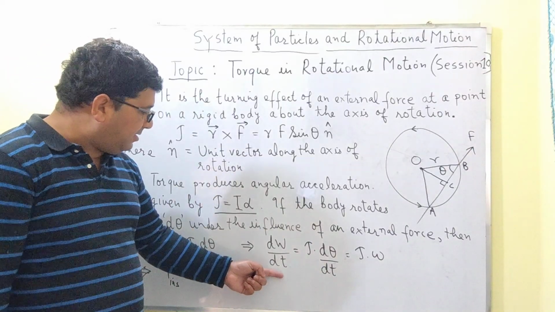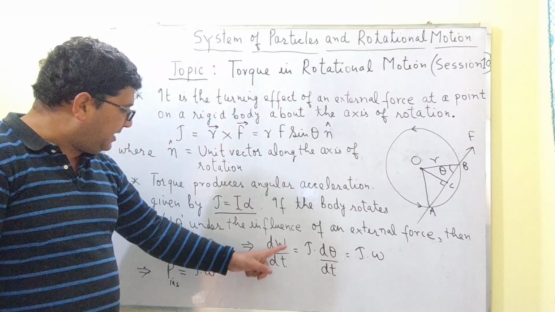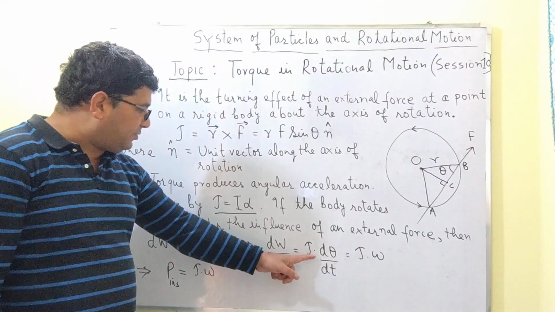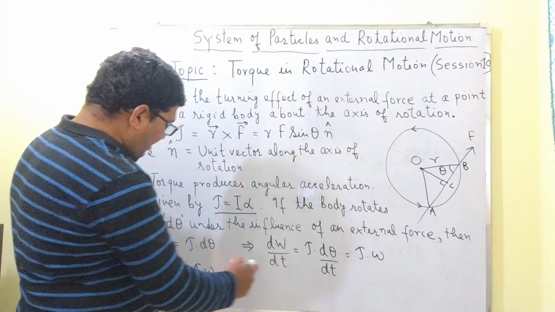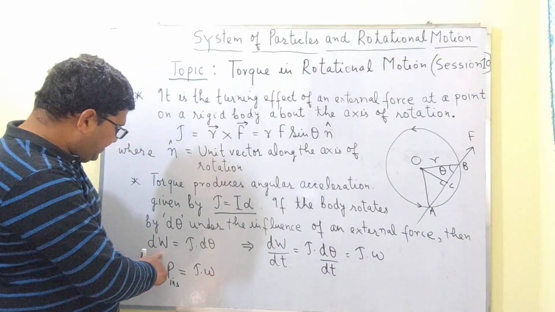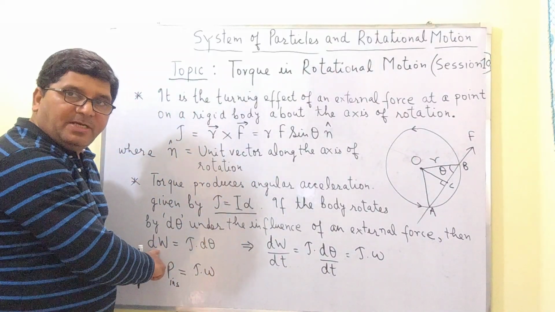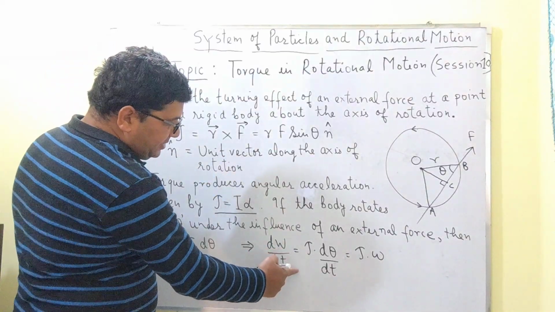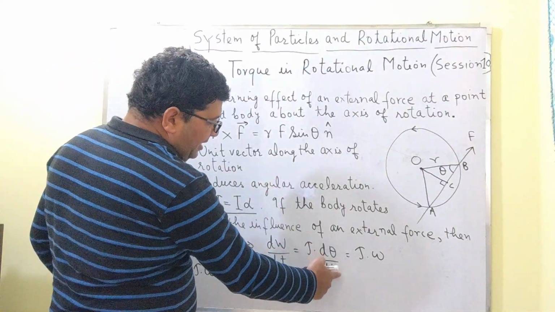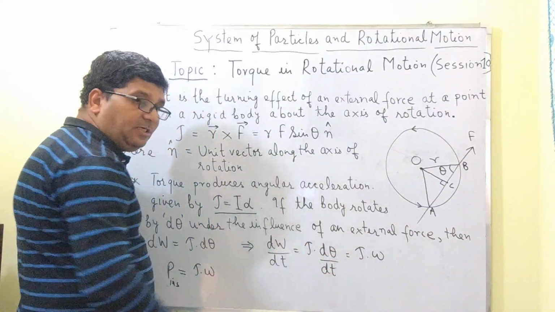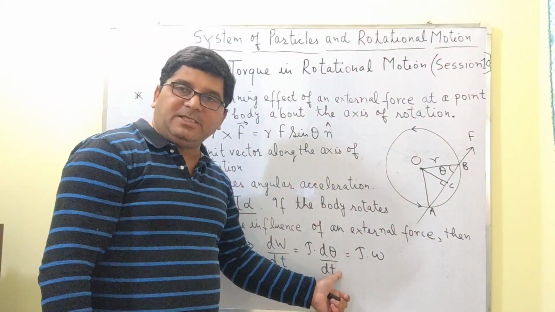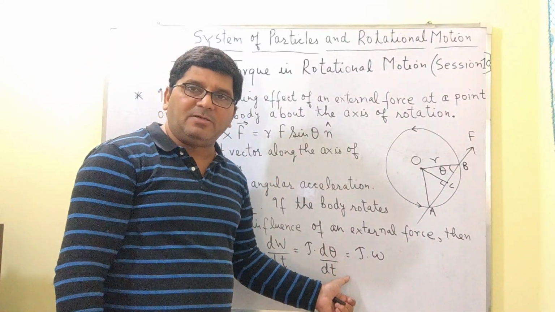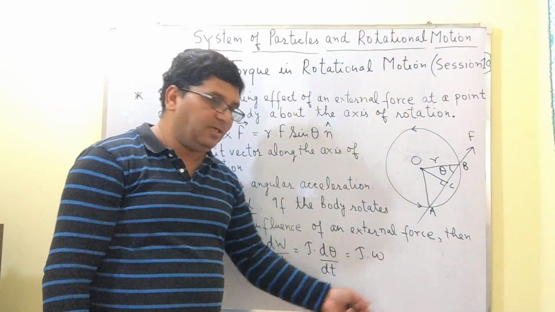This equation can further be written as dW upon dt equal to torque into d theta upon dt. If I divide this equation by dt, then I will be getting this equation, and here d theta upon dt is the rate of change of the angular displacement, which is equal to angular velocity.